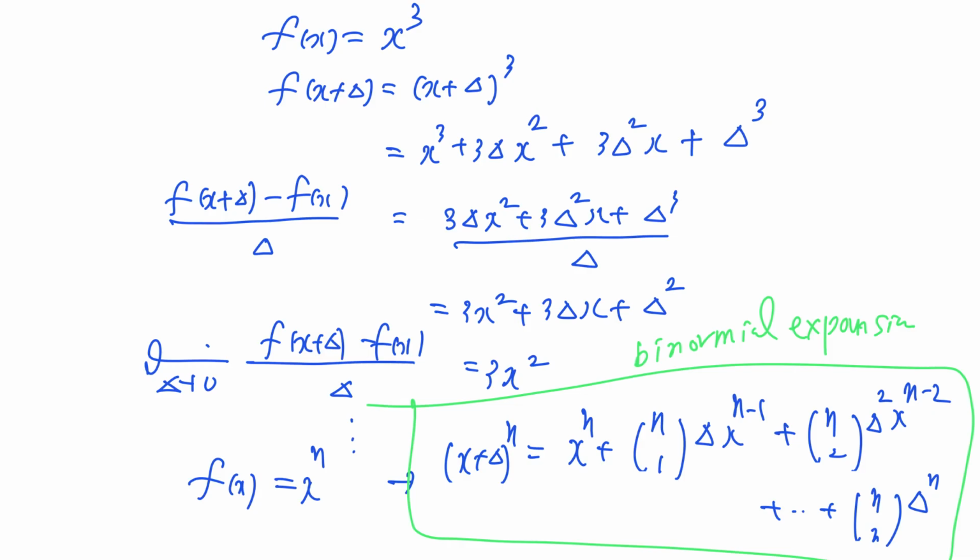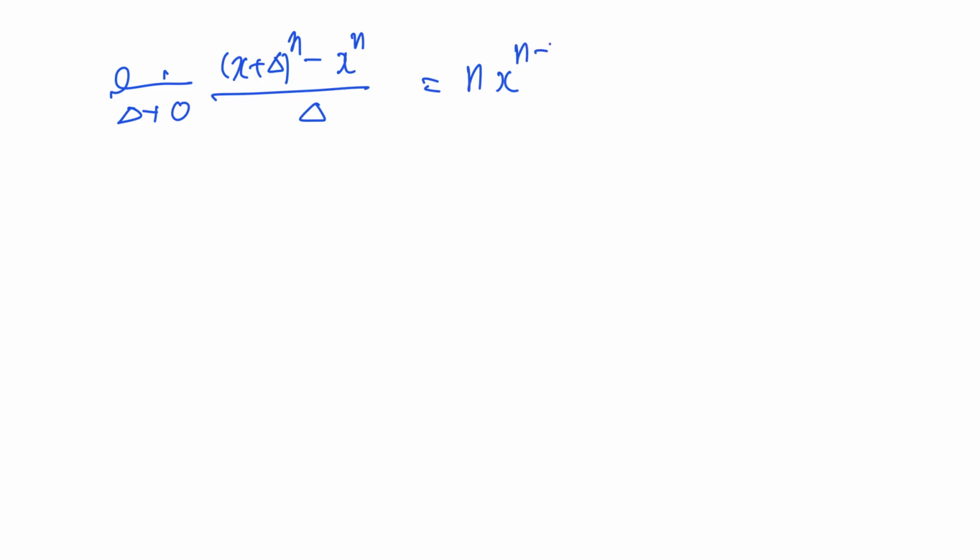So at the end of the day, we have x plus delta to the n minus x to the n divided by delta. As delta goes to 0, we have n x to the n minus 1 at the end of the day.